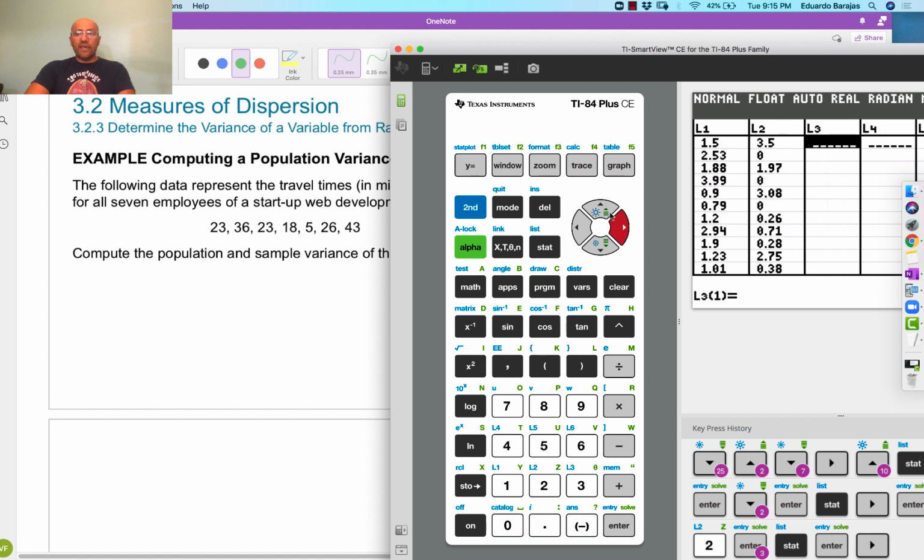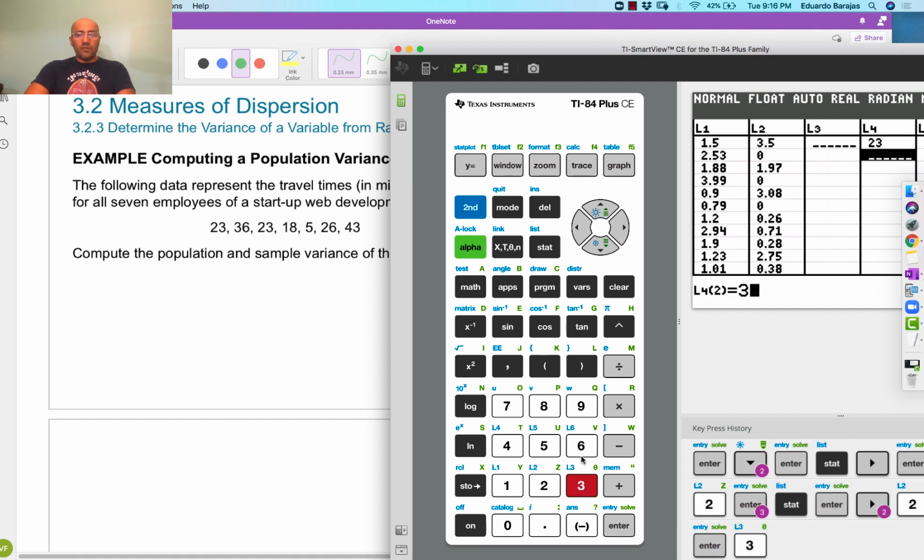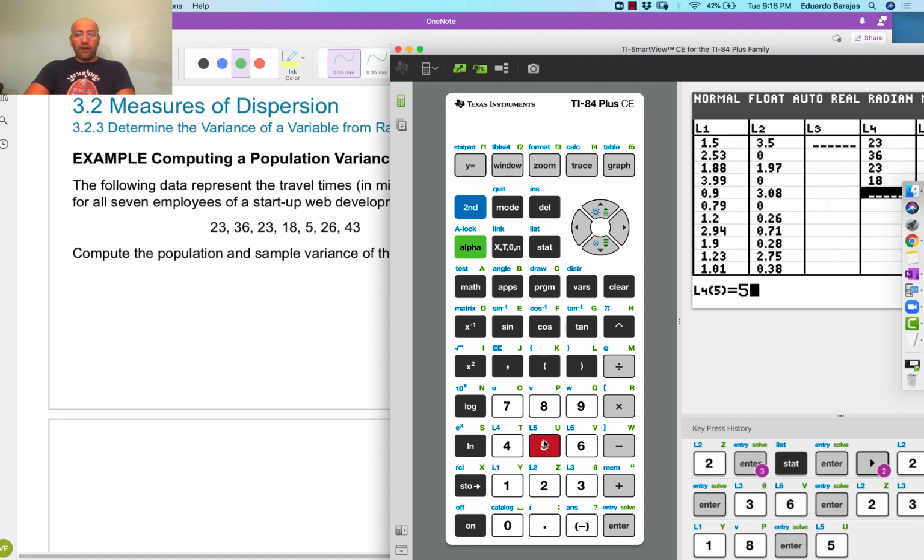Just for fun, I'm going to use L4. Doesn't matter as long as you keep track of them. So I need 23, enter, 36, enter, 23, enter, 18, enter, 5, enter, 26, enter, and then finally 43, enter.